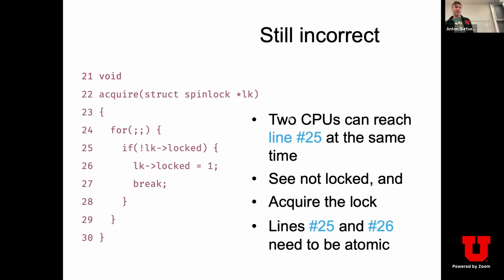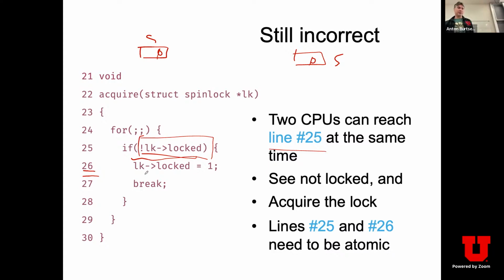Multiple CPUs can reach line 25. They are reading this line, so the cache coherence protocol will happily give them the line in a shared state, which contains this flag. Both of them will see, let's say, 0 here and say, cool, we can proceed to line 26. Why not?